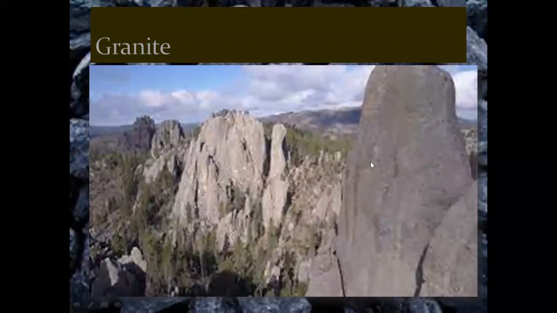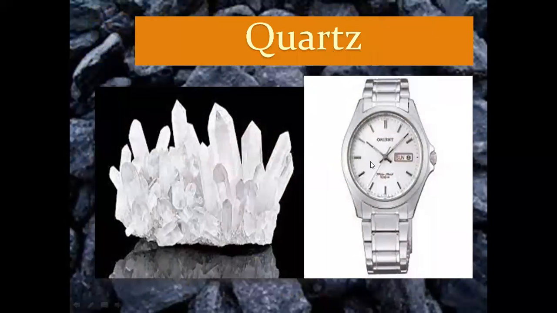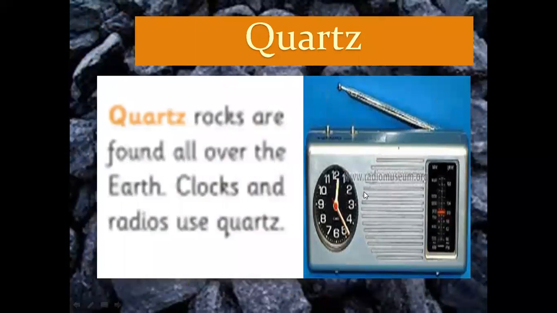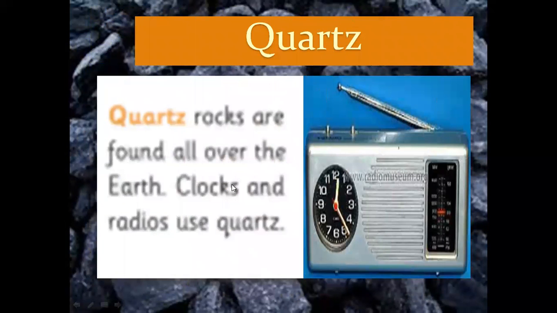Then there is granite, which is a very strong rock. It is gray in color. Quartz is used in watches and in radios. Quartz rocks are found all over the earth. Clocks and radios use quartz. So not only building purposes, but also other things like jewelry, radios, clocks, watches, we are using rocks.